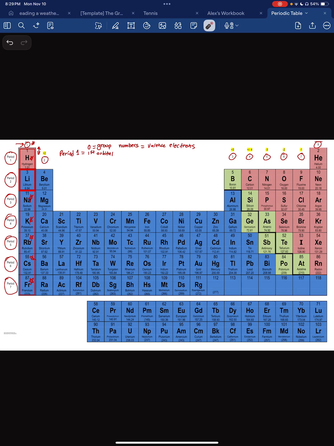Now the question normally is, how many electrons can you fill in these periods? In your first period, you can only fill in 2 electrons. The reason is that we only have 2 boxes available.